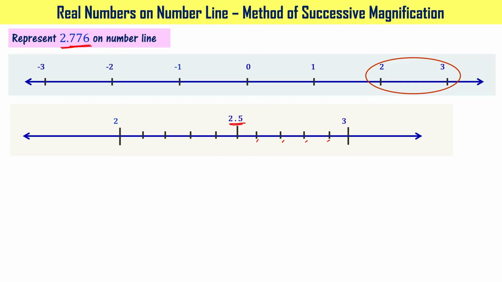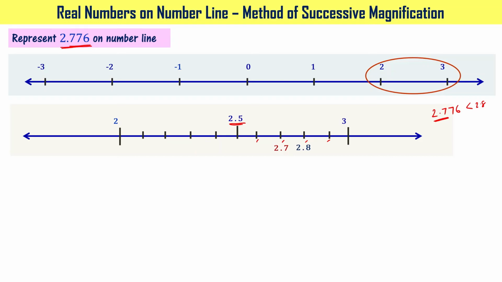Look at this. I have 2.77, right? 2.776. It is going to be bigger than 2.7 and smaller than 2.8, right? So let's mark 2.7 and 2.8.